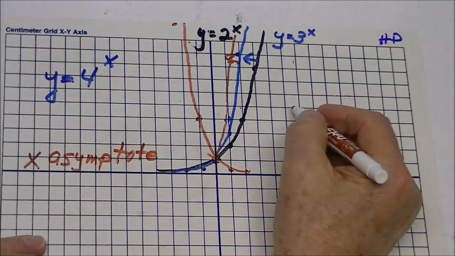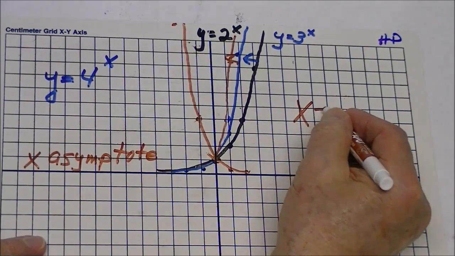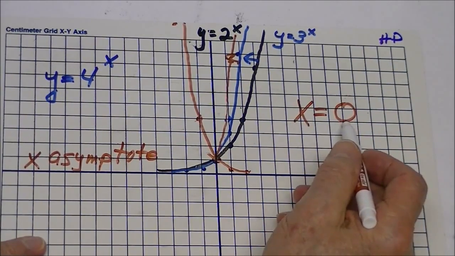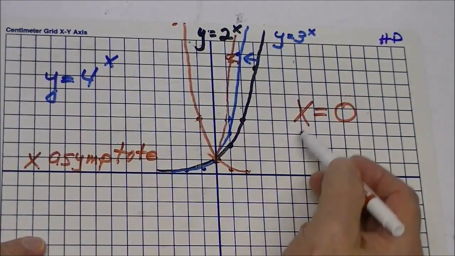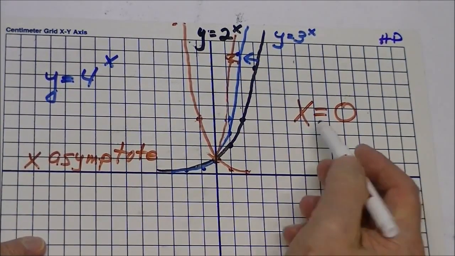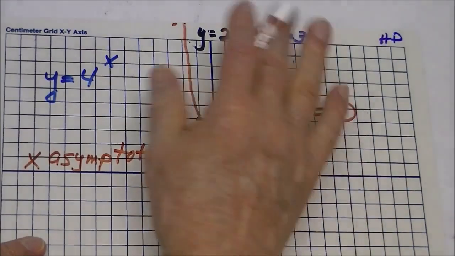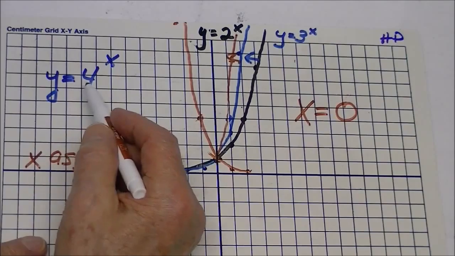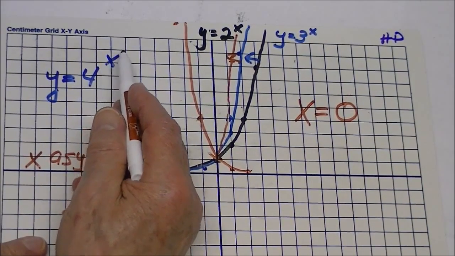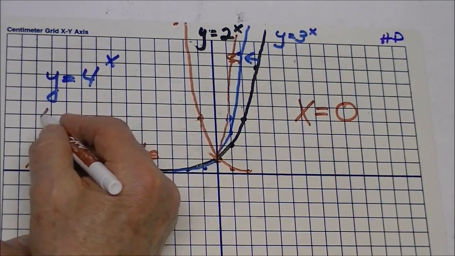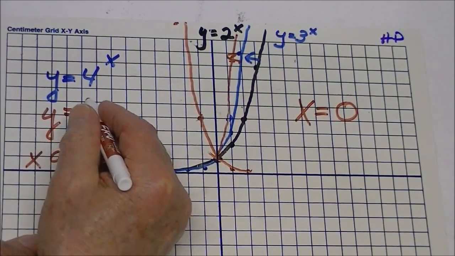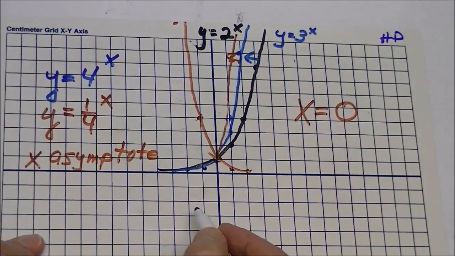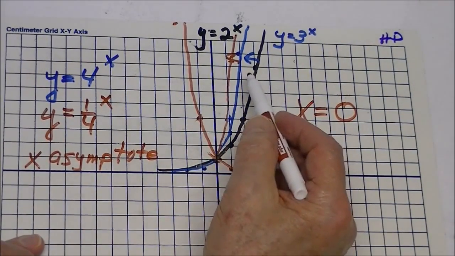Well, that equation is x equals 0, which is a vertical line, which is actually the y-axis. So this is our axis of symmetry. And when we have y equals 4 to the x power, its inverse, in a sense, is y equals 1/4 to the x power.